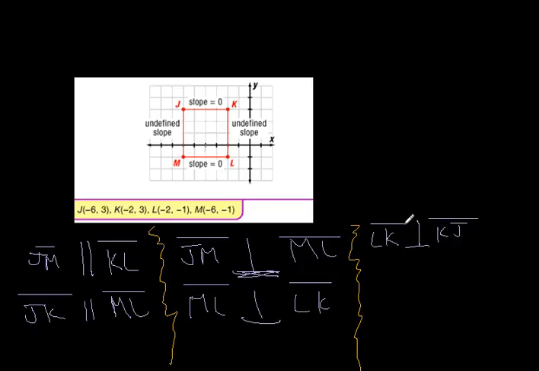And last but not least, KJ is perpendicular to JM.